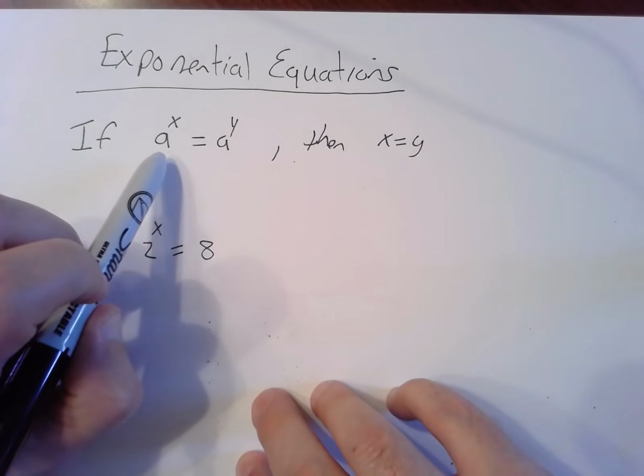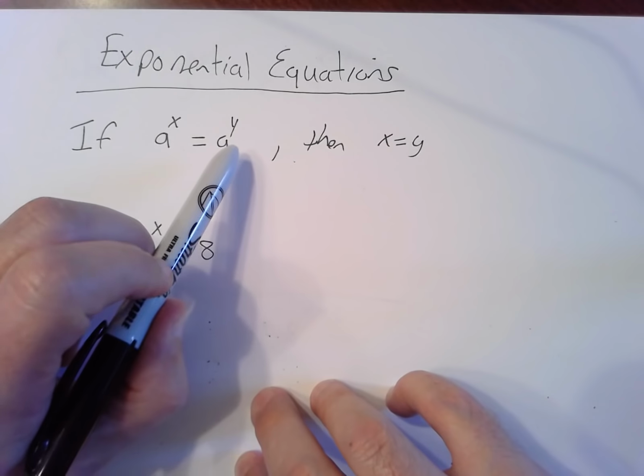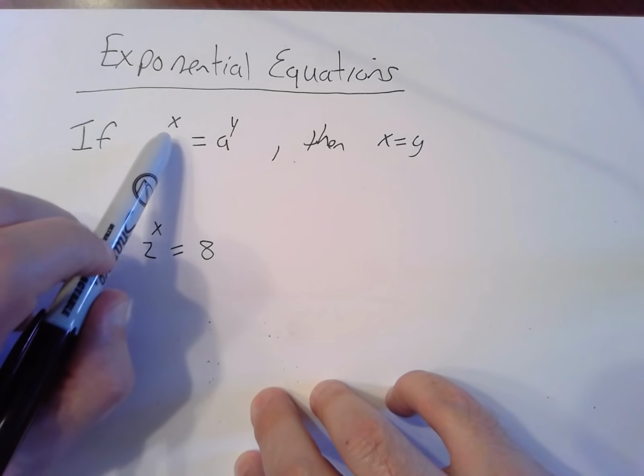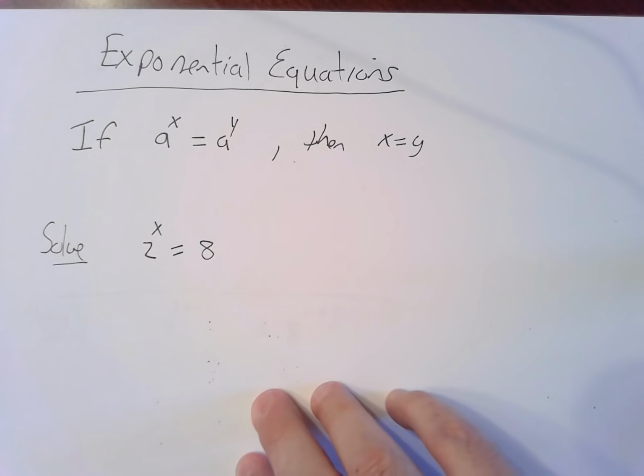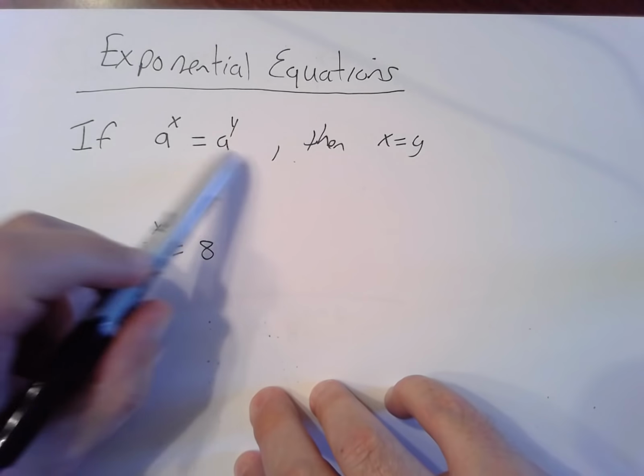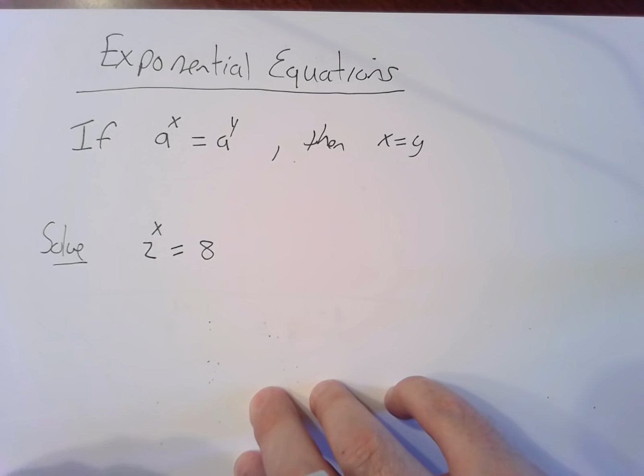So if you ever have a raised to the x equals the same base raised to a different exponent, the only way that's possible is if those exponents are in fact equal. Exponentials are one-to-one functions. If the outputs are the same, the inputs must be the same.